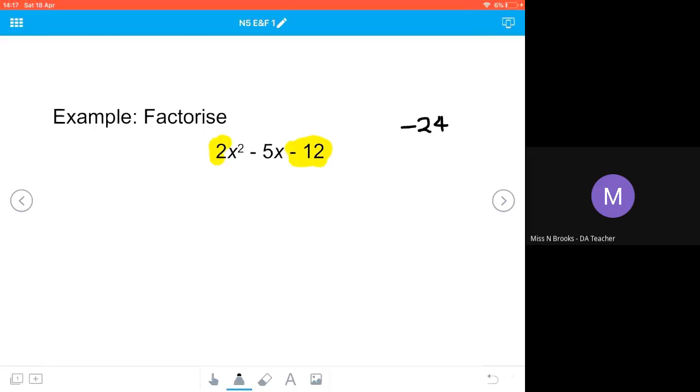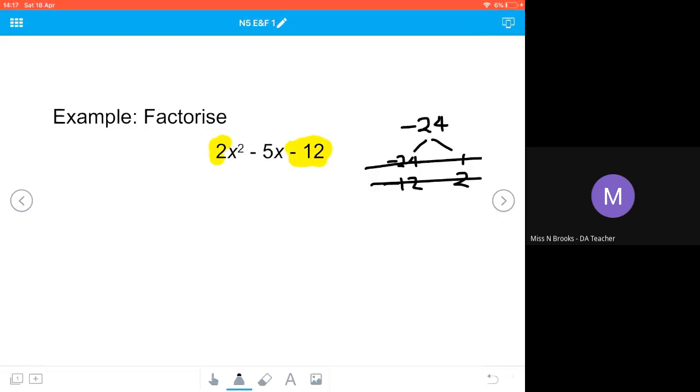So I want factors of negative 24, one that's positive and one that's negative, that are going to give me that negative 5. My bigger factor is going to be a negative number because I've got a negative number in the middle. So quickly running through them, I've got negative 24 and 1, that gives me negative 23, that's not going to help. I've got negative 12 and 2, that's going to give me negative 10, that's not going to work.